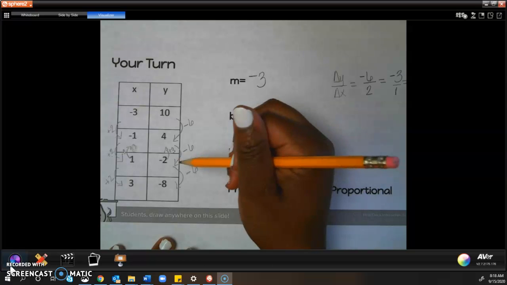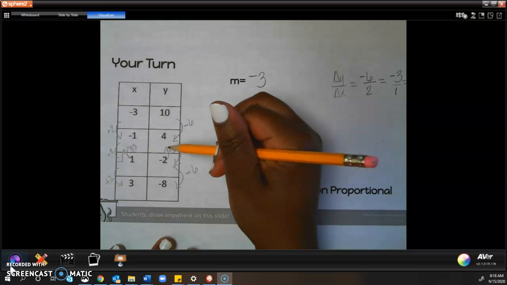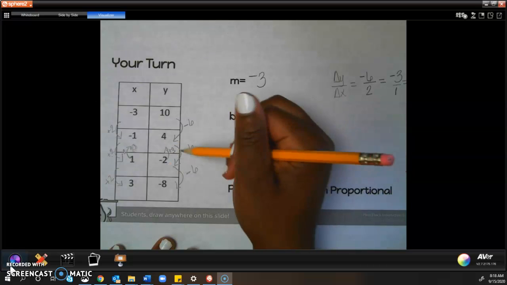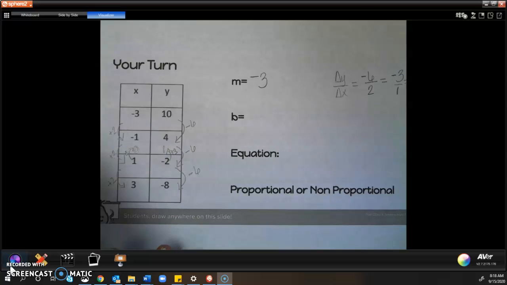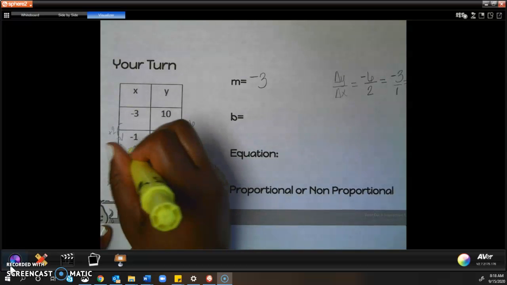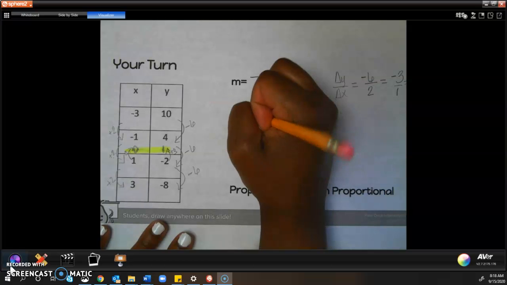So I have -2 plus 3, because remember we have to go backwards, and that gives me 1. So my y-intercept is 1.